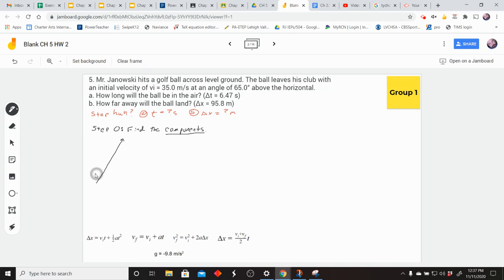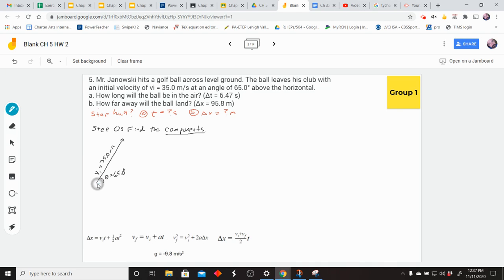So what that means is V initial is 35.0 meters per second, and it's at this angle here of theta is 65.0 degrees. So that's the angle I'm hitting this golf ball at. So we need to figure out the two components of this thing.